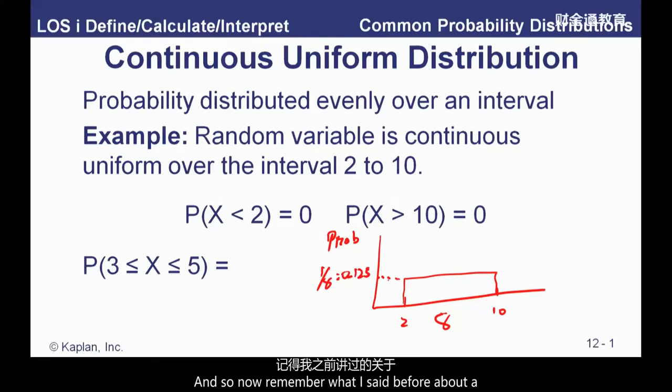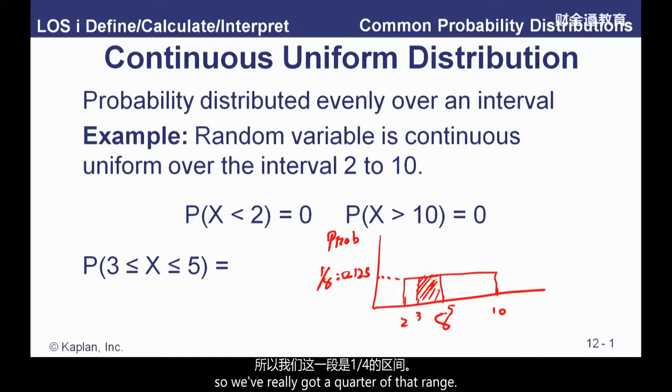And so now, remember what I said before about a continuous distribution. We're going to talk about probabilities over an interval. So here we're talking about the interval from 3 to 5, and we could just shade that in. So it's 2 wide. Well, the whole range gives us 100% in terms of probability.